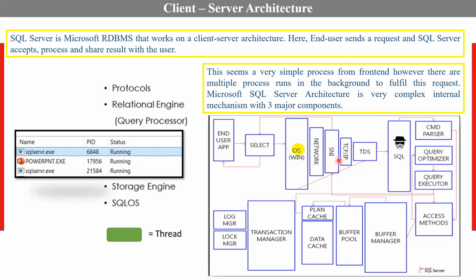There are inbuilt protocols available in SQL Server: shared memory, named pipes, and TCP/IP. Three protocols are available, and we'll see them one by one. Via these protocols, with the help of TDS, Tabular Data Stream packets, it will connect to the SQL Server.